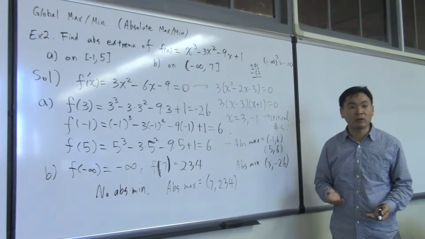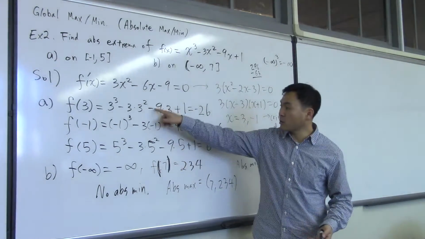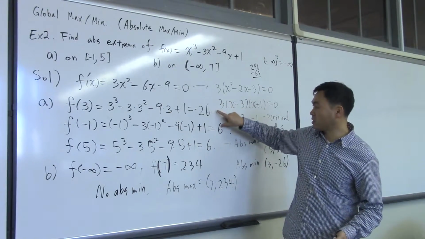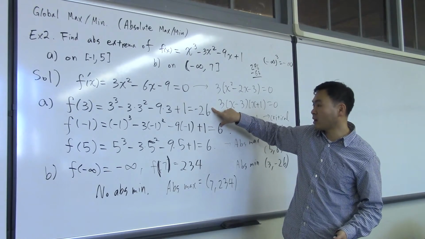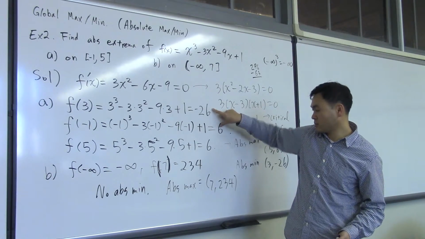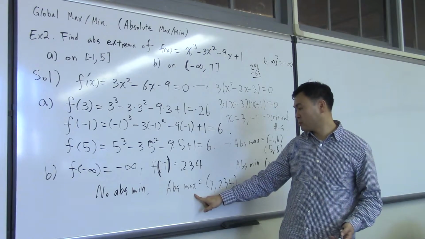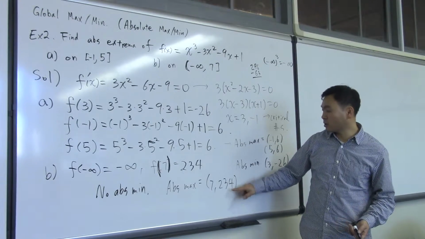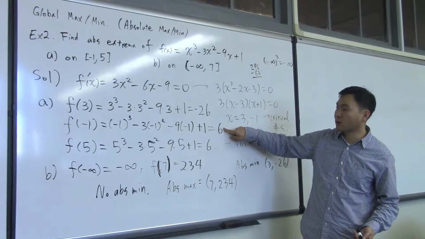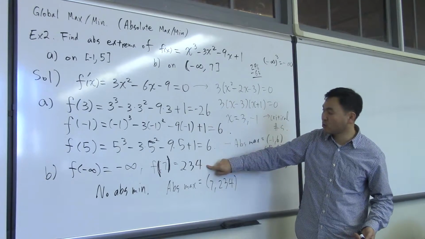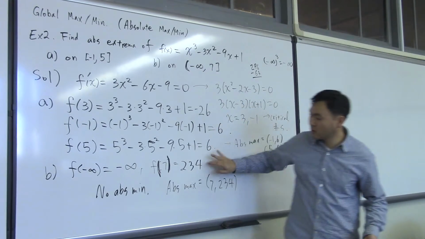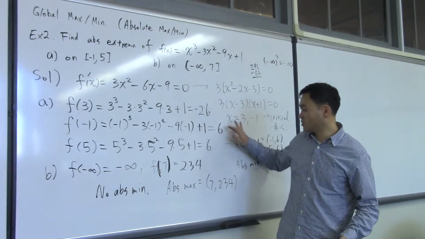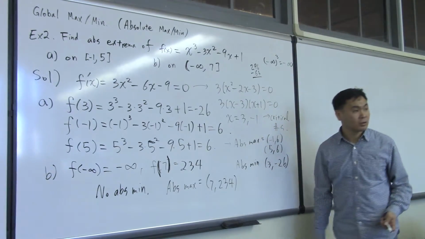The values at the critical numbers are these two, negative 26 and 6. The absolute maximum is this one, because 134 is bigger than both of these values. 134 is the highest of these four values, and negative infinity is the lowest of these four values.